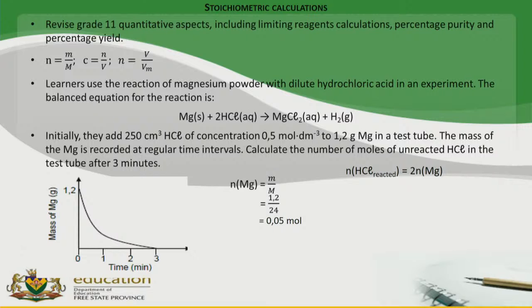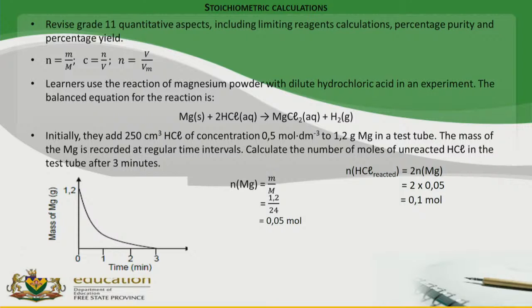Therefore, the number of moles of hydrochloric acid is twice the number of moles of magnesium that react. It is 2 times 0.05, so the moles of hydrochloric acid that reacted with magnesium is 0.1 moles.